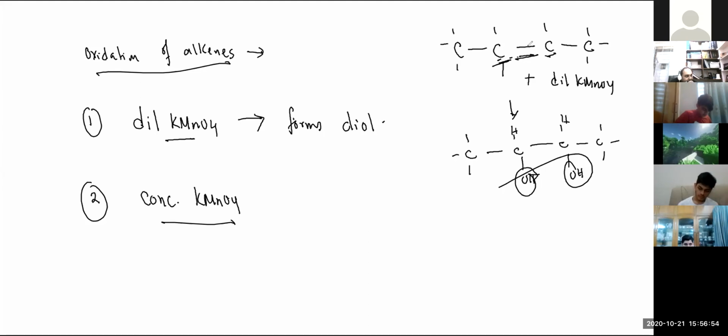Next step. Sahat, what is the name of this compound? Sir, ethane 1,2-diol. How many carbons are here? Butane. How many carbons are here? Sir, 4. Yes, so Namira, what is the name of this?